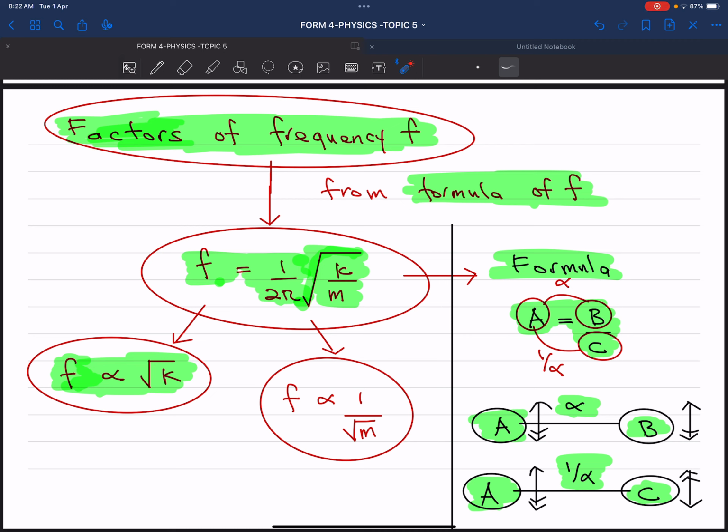For inversely, you have to write 1 over. So the frequency is inversely proportional to the square root of m. So we have two factors affecting frequency. One is square root K, which is directly proportional. One is square root m, which is inversely proportional.